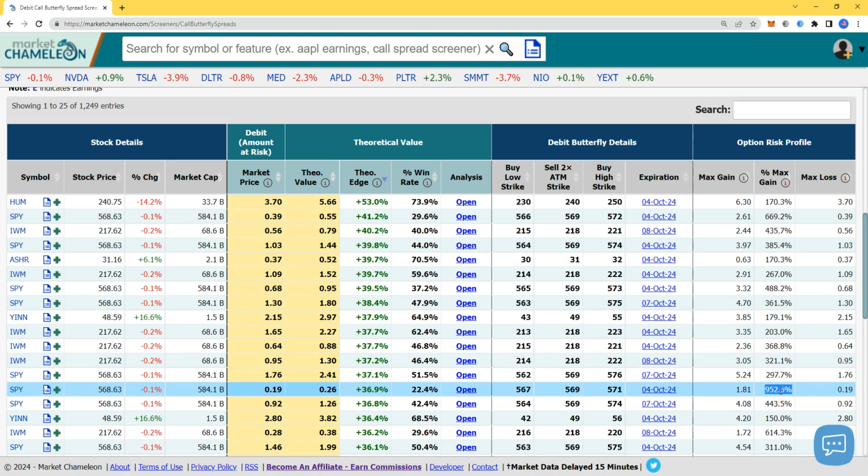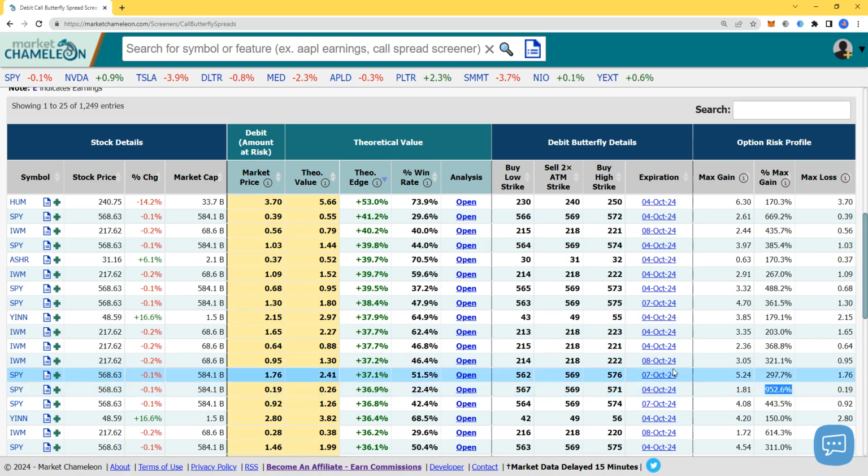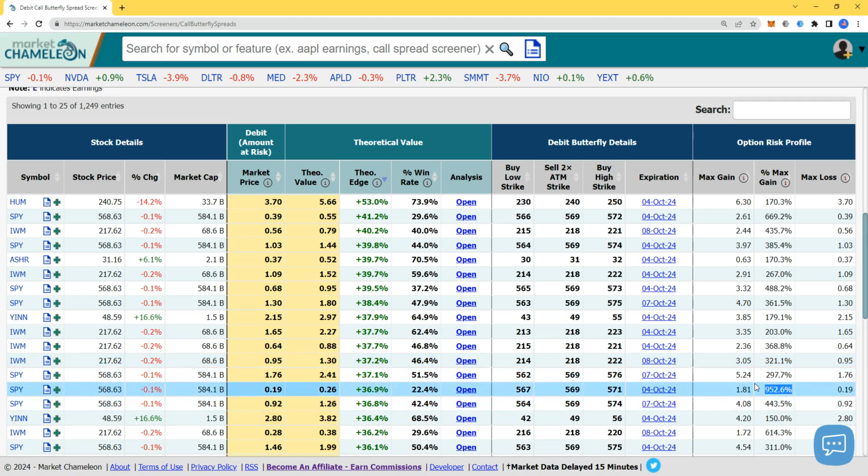You know what? Let's go over this trade because this is interesting. This is a 952% max gain. Max gain happens if by expiration on October 1st the SPY lands at 569.